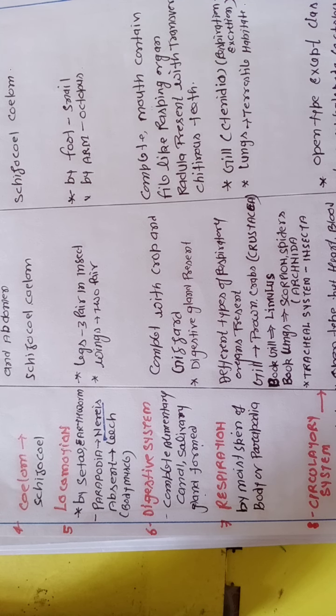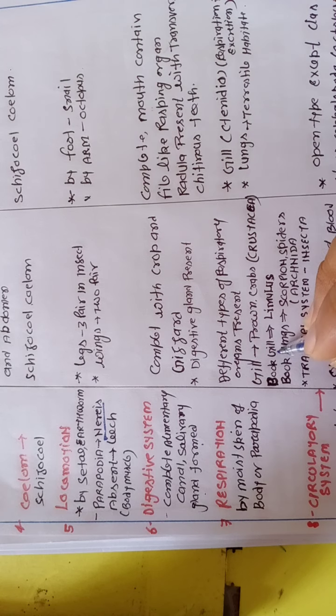Okay, so in Merostomata I told you about OMA-CID, in which M means Merostomata, and in Merostomata Limulus is present. Limulus means king crab, and the king crab is a living fossil, and it has the respiratory organ book gills. Very important point here. After that, in class Arachnida, in which scorpions and spiders are found, they have respiratory organs which are known as book lungs.